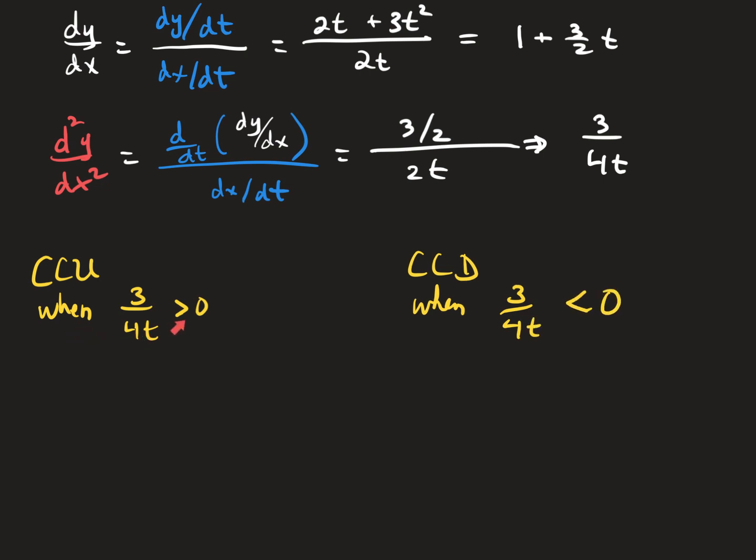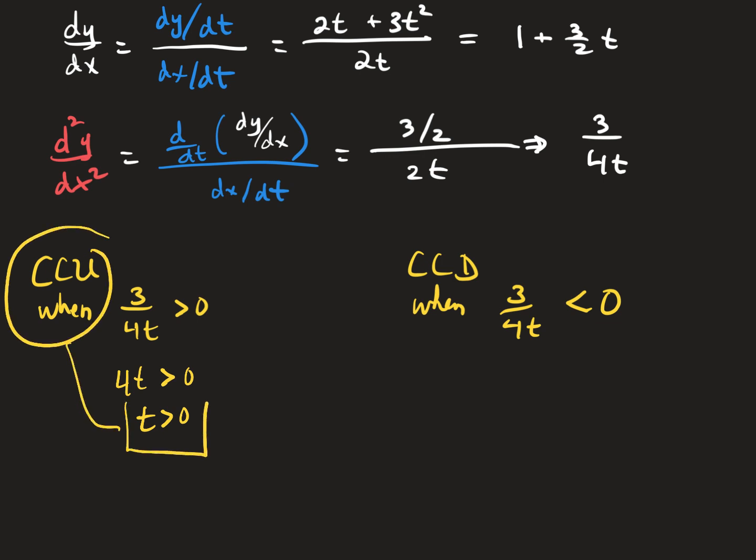Well, a fraction is positive when the numerator and denominator have the same sign. The numerator is positive, so when is the denominator positive? That will cause the entire fraction to be positive, and that's true when t is greater than 0. We are concave up when t is bigger than 0.